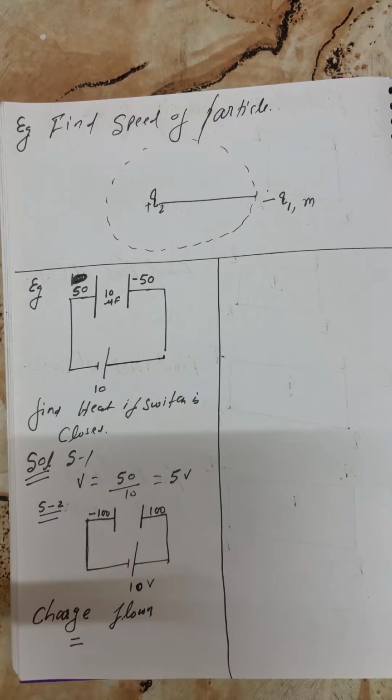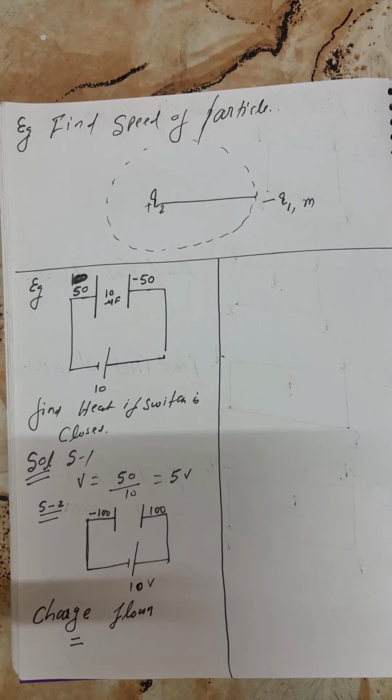No, because you answered for what is the initial charge I have taken. Okay, Vedic, just tell me what is charge flown here through the battery, after switching. If switch is closed, then find charge. Simple here.